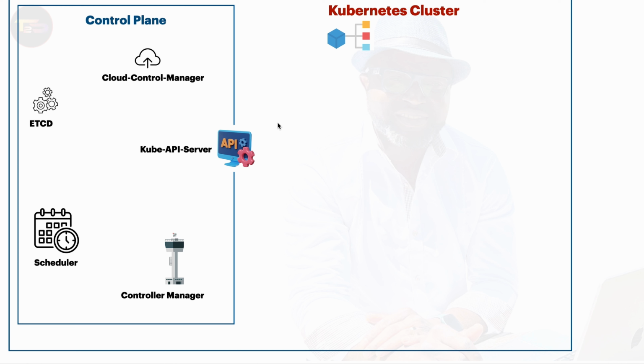Like, let's say there's a container or a pod that's the basic unit of the cluster. Let's say the pod is not working. A pod can have one application or more. So if a pod is down, then we need to make sure that we have another one running to make our application highly available.